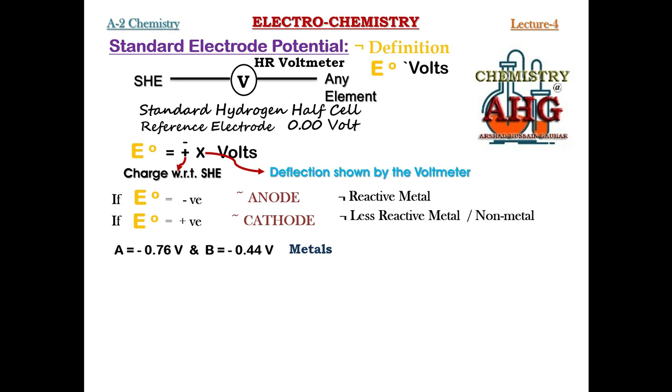So what does this mean in this case? Which metal would be more reactive? In this case, metal A would be more reactive because it has produced more voltage. It has produced a voltage of 0.76 compared to the other metal that has produced only 0.44 volts. So whenever a metal can produce more voltage, it means it is reactive metal.